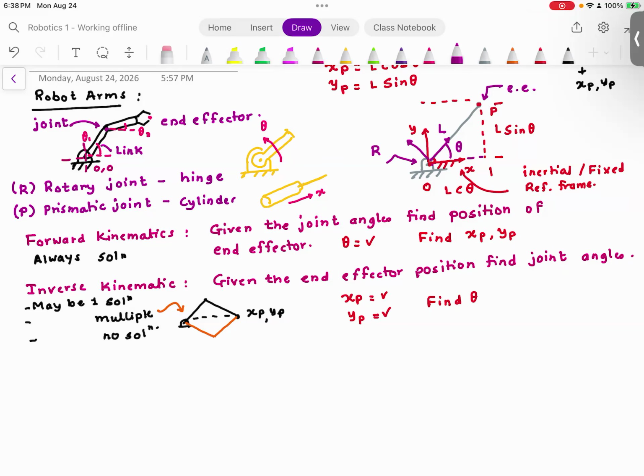Now, one thing that I want you to keep in mind is that in all engineering classes, we use the right-hand coordinate system. What is the right-hand coordinate system? It means you have three fingers, and now your thumb is pointing in the X direction. First finger is pointing in the Y direction, and Z is coming out of the board.